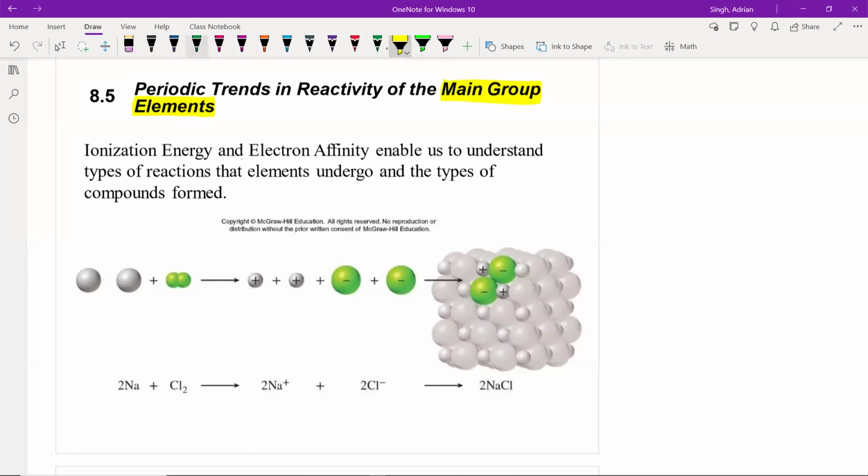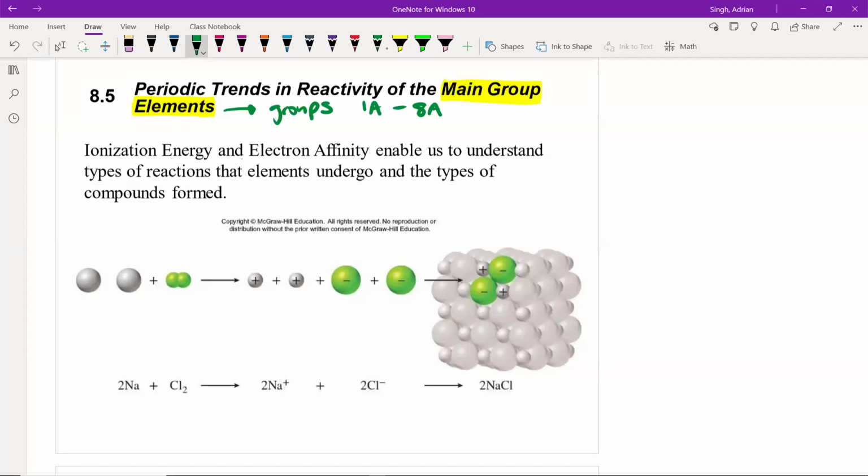And again, the main group elements, these are in groups 1A through 8A, right? So the 2 columns on the left side of the table and the 6 columns on the right side of the periodic table. And those are the same groups that we looked at when we looked at general periodic property trends, things like atomic radius, ionization energy, electron affinity, electronegativity, all that stuff.